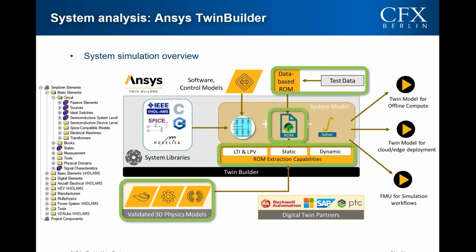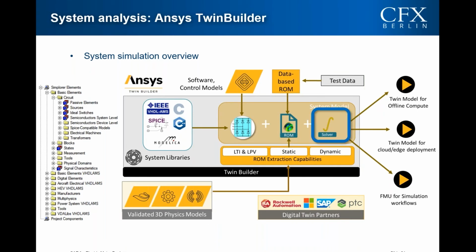Another form of component is a reduced order model. These reduced order models simplify 3D physics and can be derived from test data or from detailed simulation as seen before. Twin Builder has the capability to extract ROM data of different complexity levels.